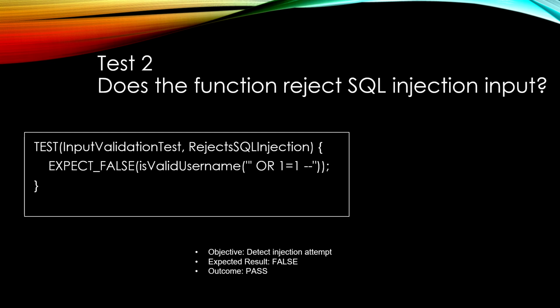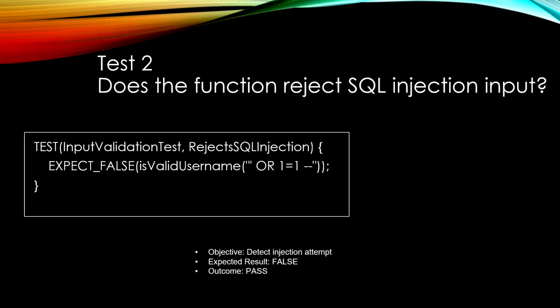Test 2 checks whether the function correctly rejects a common SQL injection attempt. The input string includes a typical injection pattern that tries to manipulate a database query by forcing a true condition. If input like this isn't validated properly, it could potentially allow someone to bypass authentication or gain unauthorized access to data.